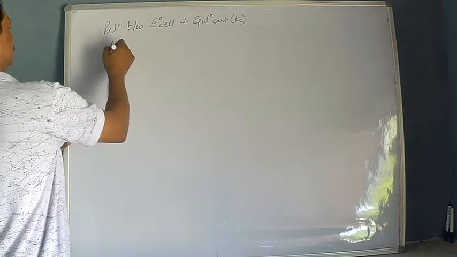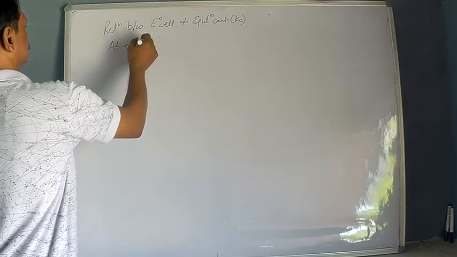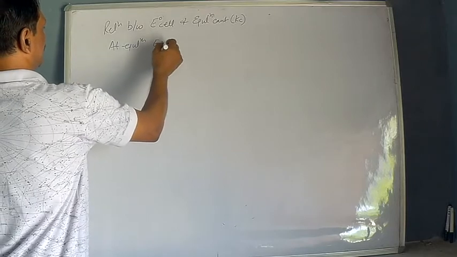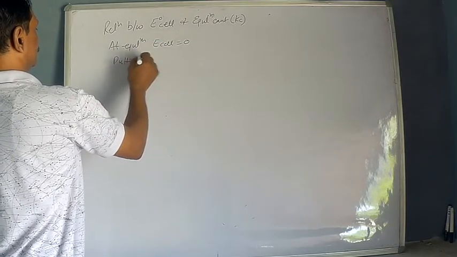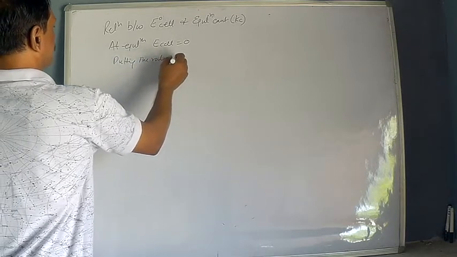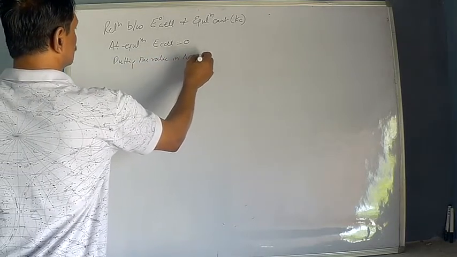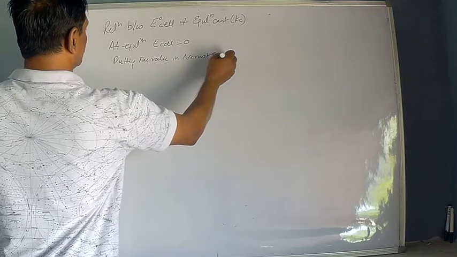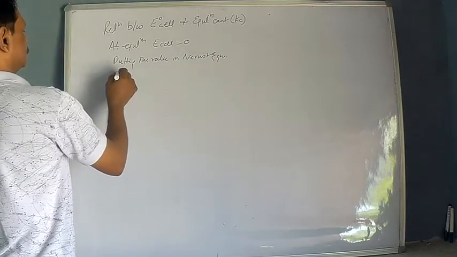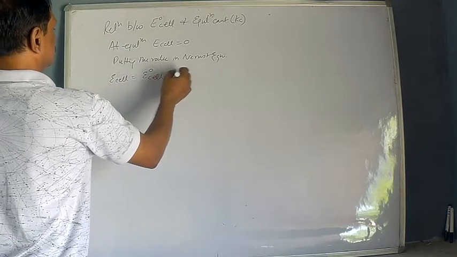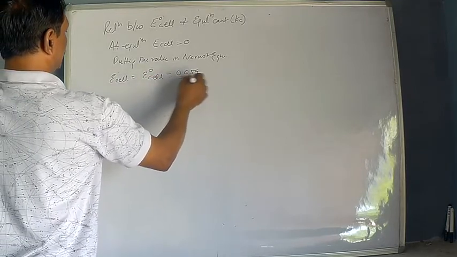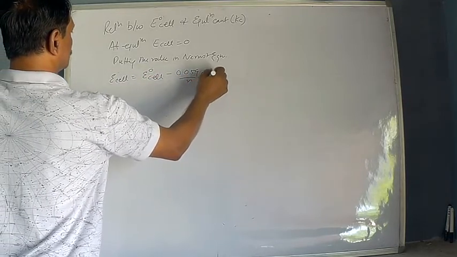Class, you know, at equilibrium EMF generated by the cell is 0. So putting the value in Nernst equation, which was E cell equals to E0 cell minus 0.059 upon n log Kc.